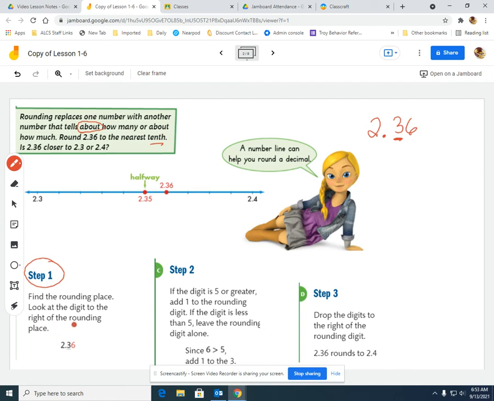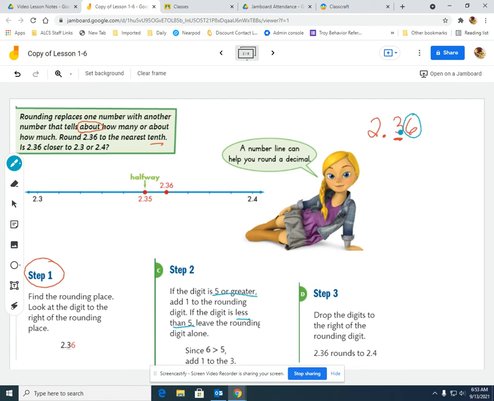And then look at the digit to the right. So we underline the place we are rounding. We are going to circle the number to its right. If that number is 5 or greater, the underlined digit goes up 1. If the digit is less than 5, then we leave that number by itself.